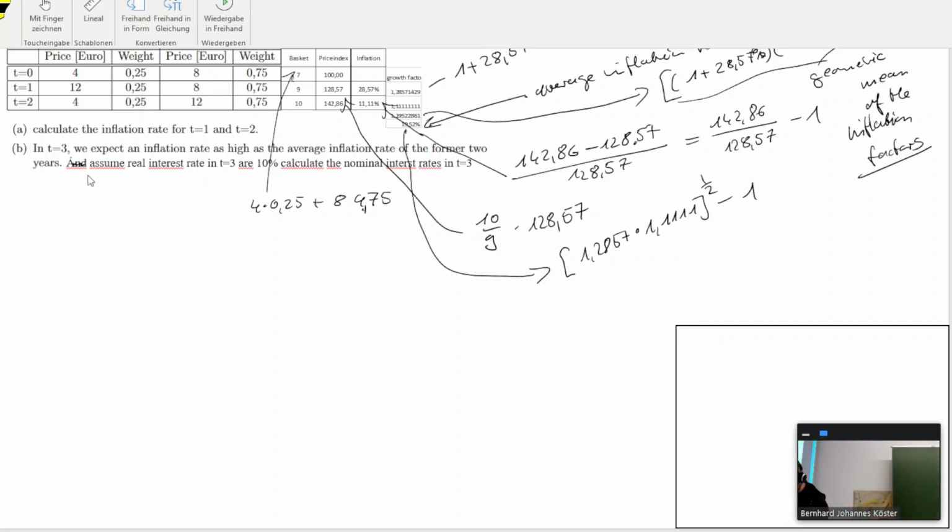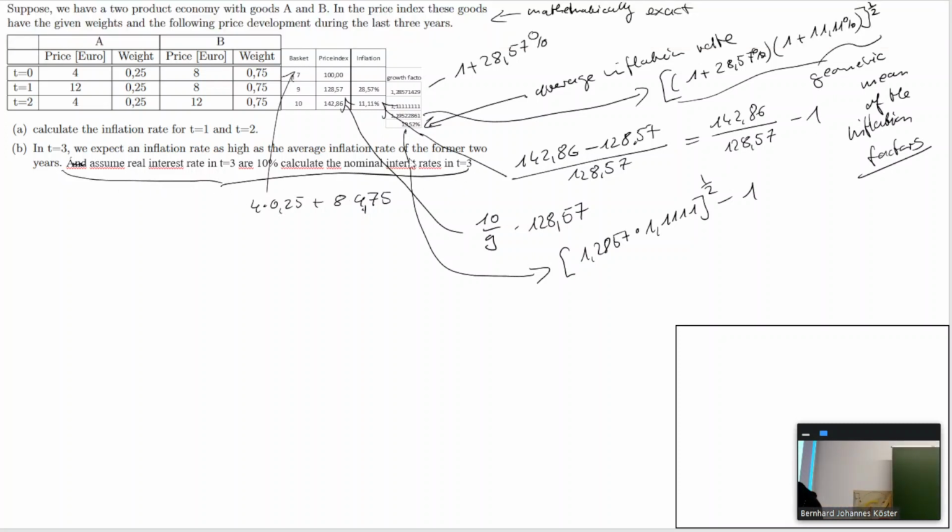And then this one here, which concept do I have to apply now when I want to calculate the dependence between nominal and real interest rates? Not nominal and real growth, but nominal and real interest rates.